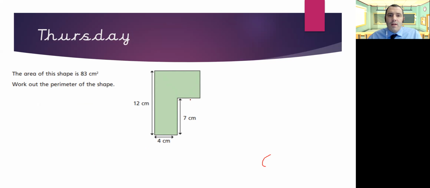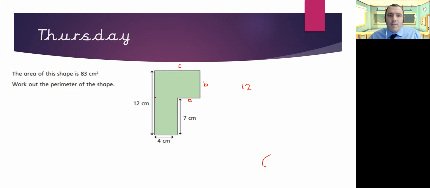I'm missing this measurement, A, this measurement, B, and this measurement here, C. So I need to work these out. So to do that, I need to know what B is, because I can work that out from the information that I've already got. So 12 centimeters, take away 7 centimeters will give me B.